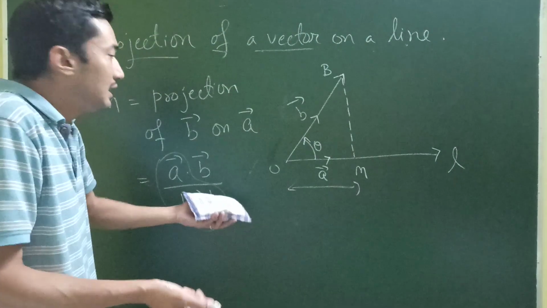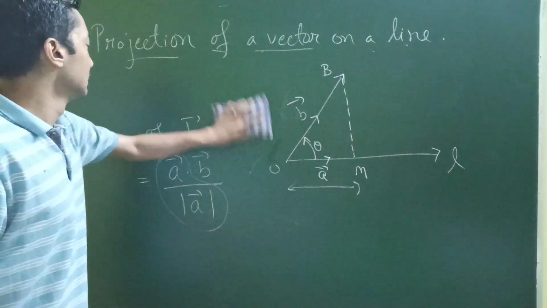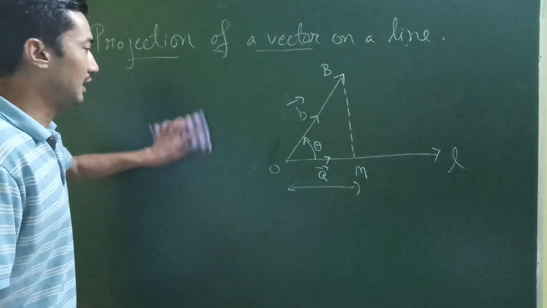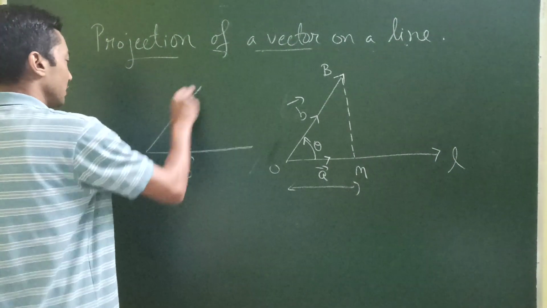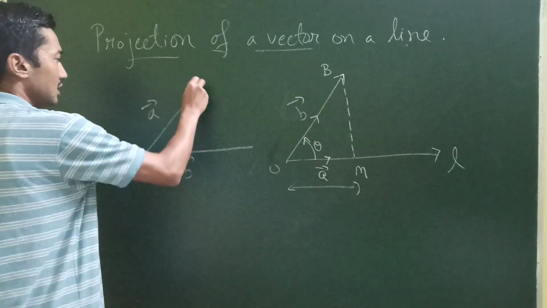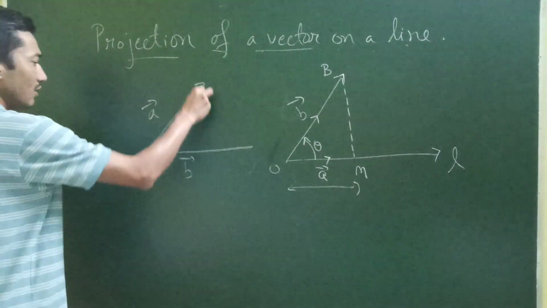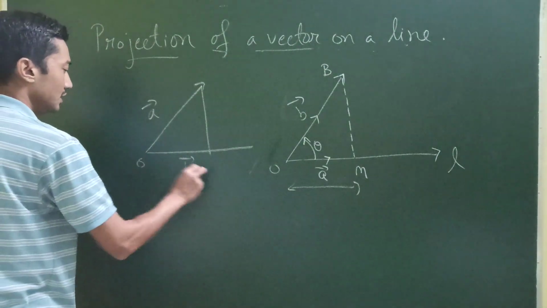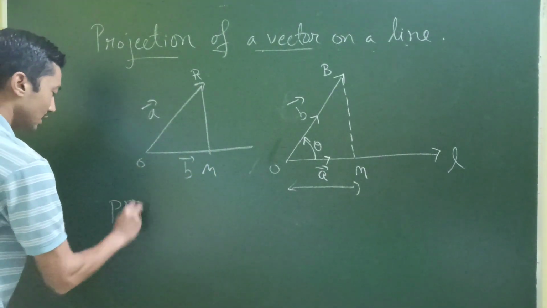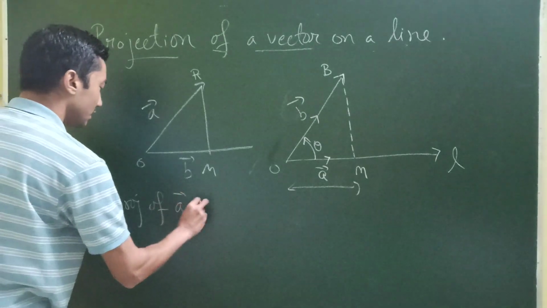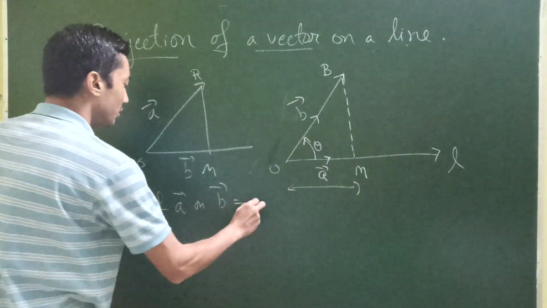Alright, just in case, we may have sometimes like this is the vector B, this is the vector A. So in that case, what will the projection of vector A on vector B be? That will be the projection, I'll just write in short, projection of vector A on vector B. That will be what?